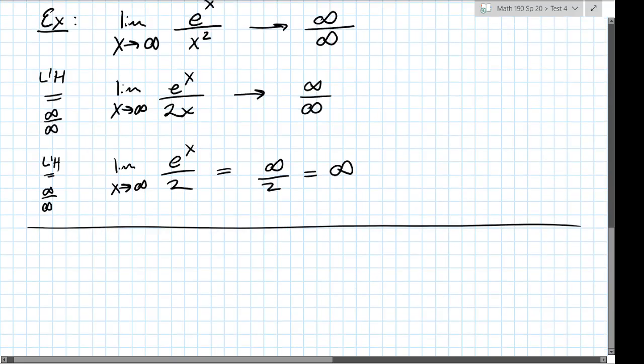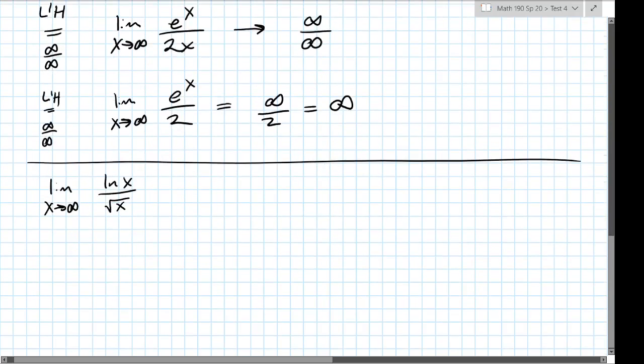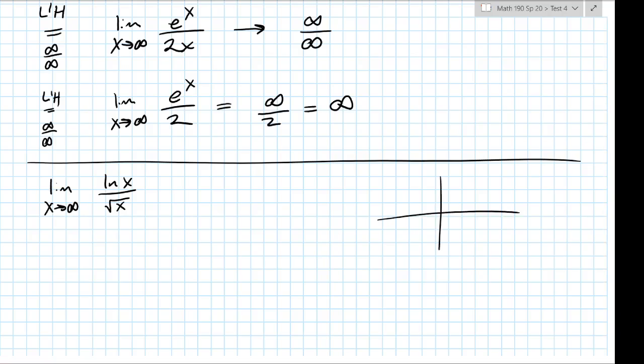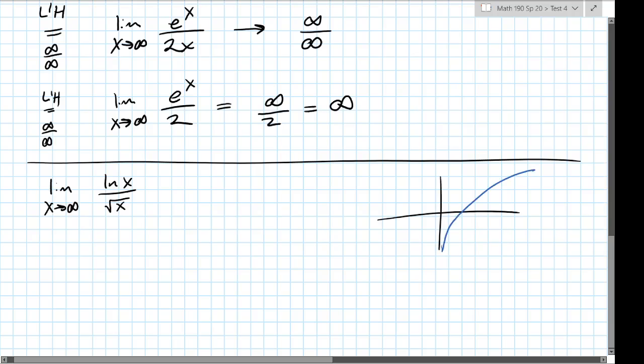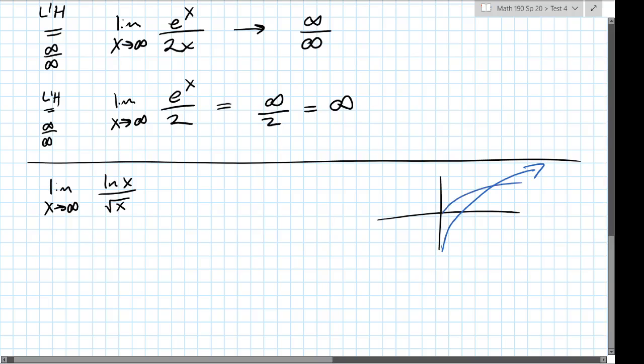Our next example, we have the limit as x approaches infinity of the ln of x over the square root of x. Trying direct substitution, we know the ln of x function looks like that, and the square root of x function looks like that.